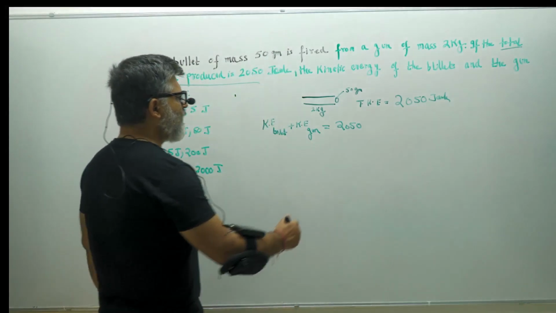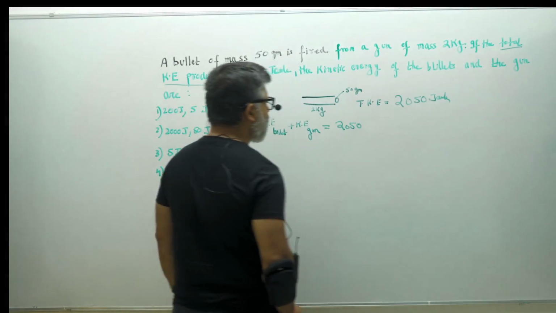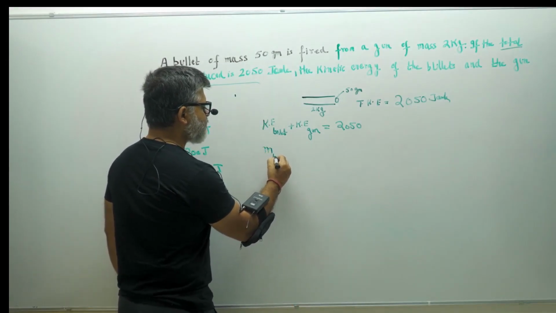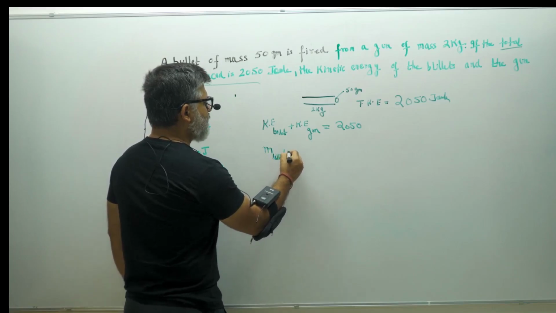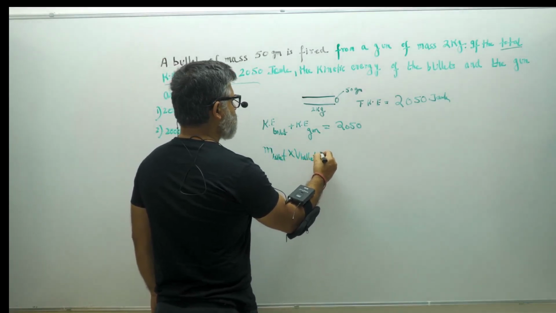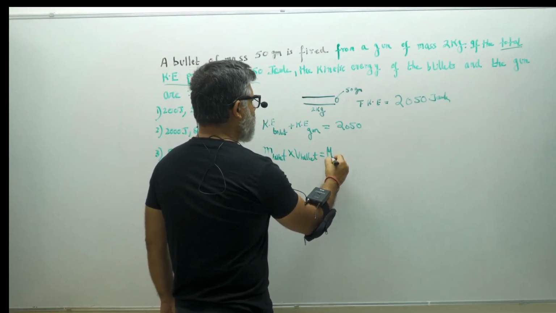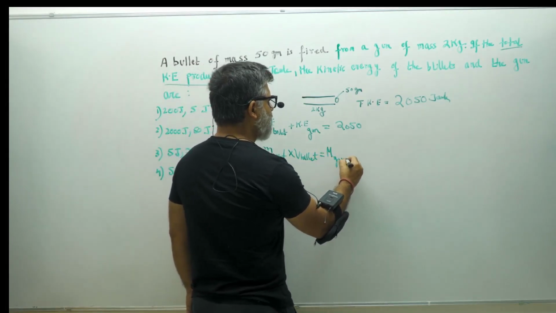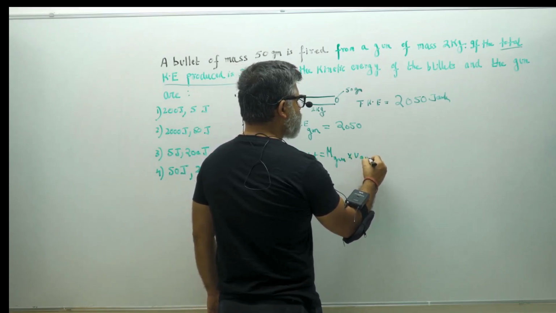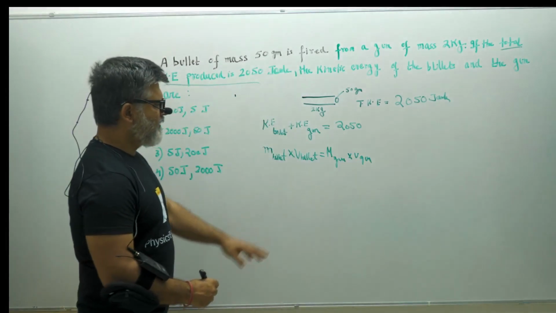So not only do I need to apply the law of conservation of energy, I also need to apply m bullet multiplied by v bullet is equal to m gun multiplied by v gun. Actually, what I am writing is this.